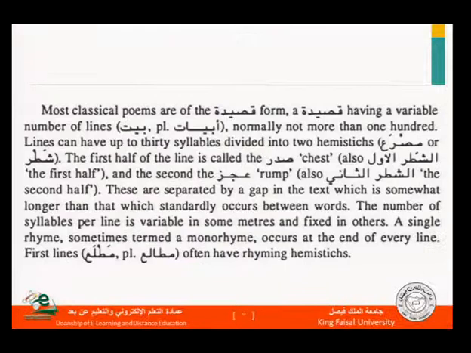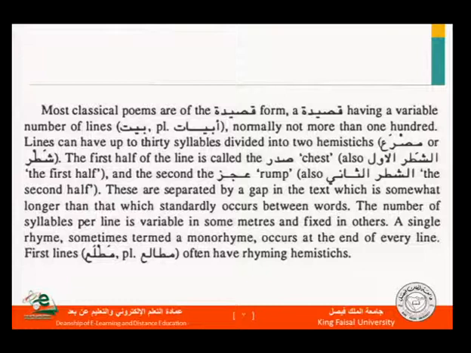Let's see. Most classical poems are of the قصيدة form. We have the classic قصيدة التقليدية نسميها العمودية, وفي عندنا قصيدة التفعيلة الجديدة. A قصيدة or poem has a variable number of lines of verses. بيت يعني بيت أو أبيات. طبعا بيت الشعر جمعها أبيات, لكن بيت العادي جمعها بيوت.